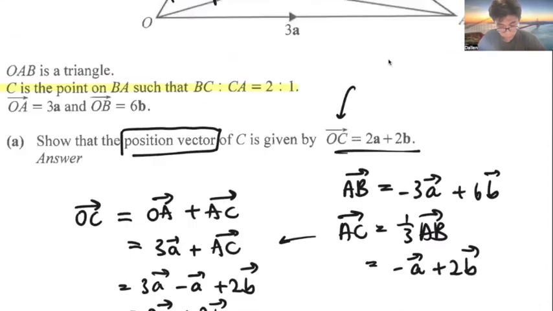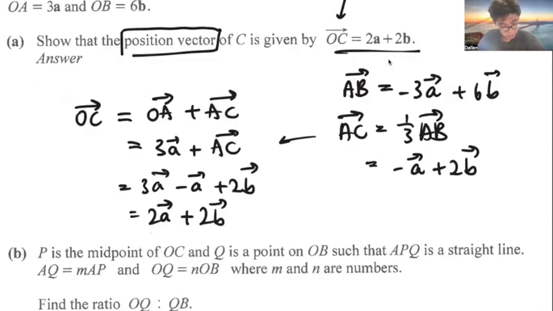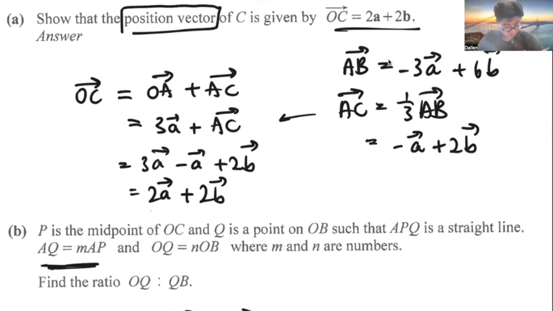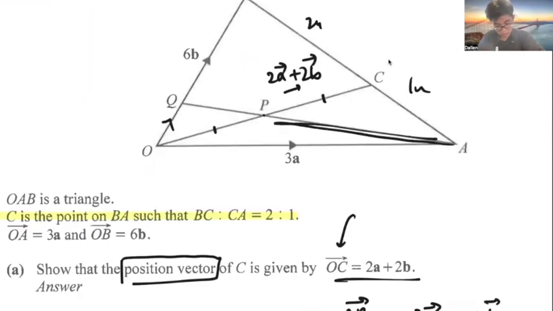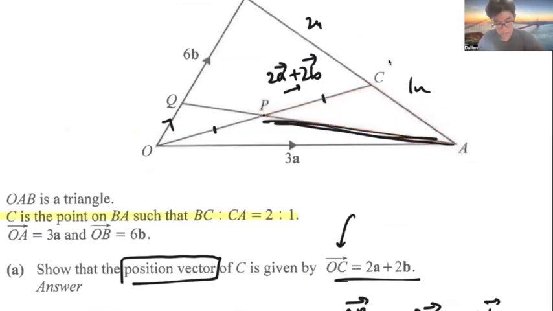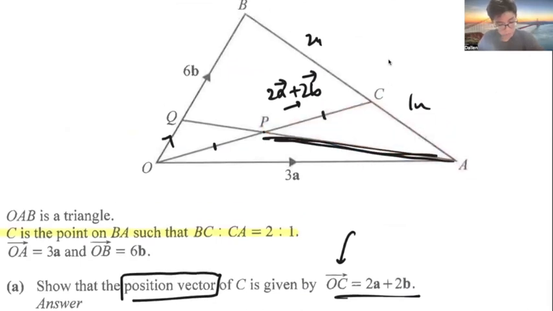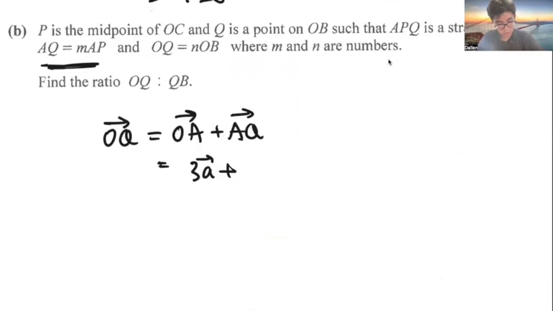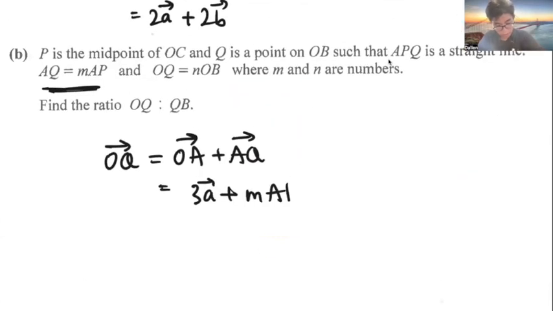AQ, we don't have an expression for it, but we know that AQ is M times AP. And we actually can find AP because AP is just AC plus CP, which we both have. Our objective is to find this M and N.